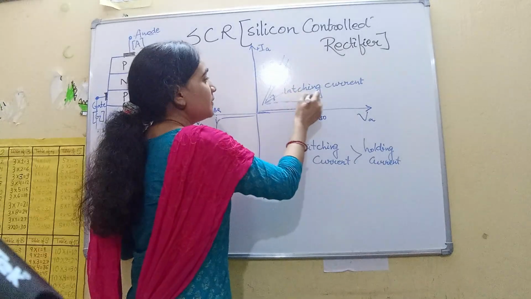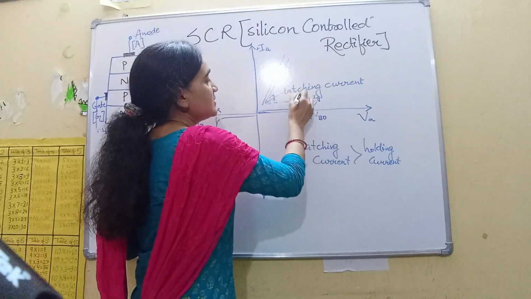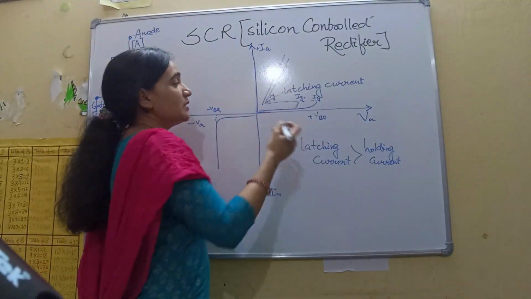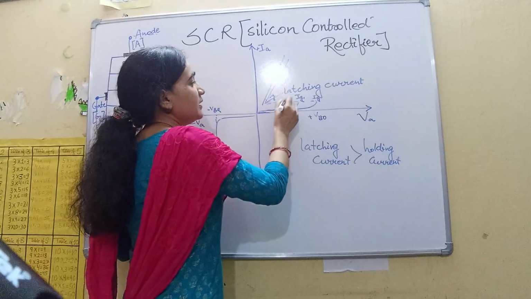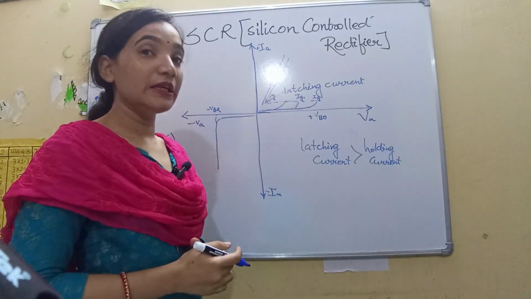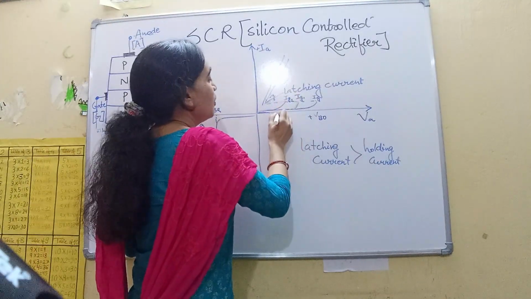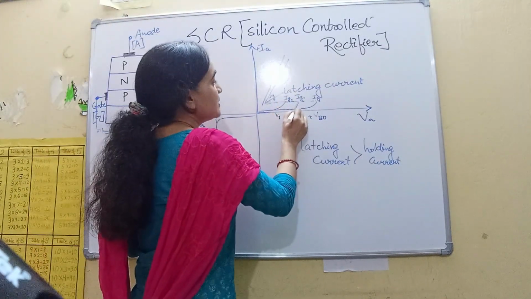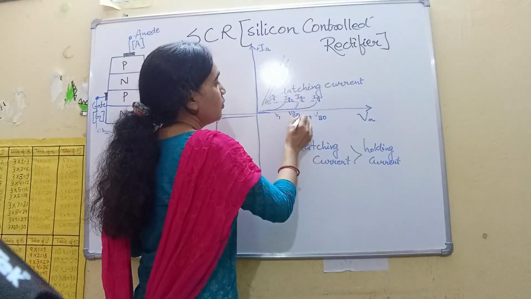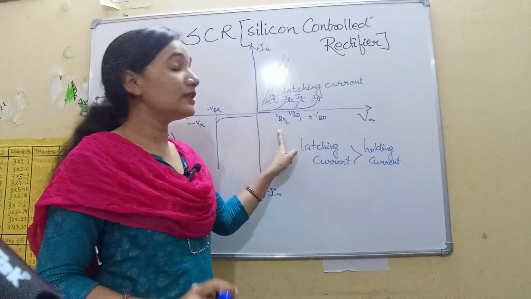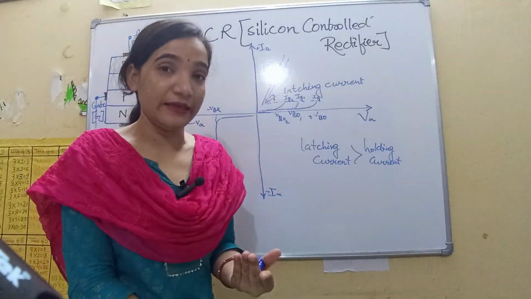Similarly, if this is Ig and this is Ig1, and we keep on increasing the gate current Ig, we are able to get this is VBO1, VBO2. So we are getting the breakover voltage earlier.